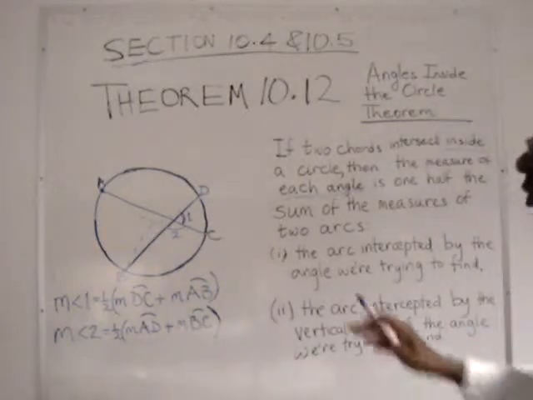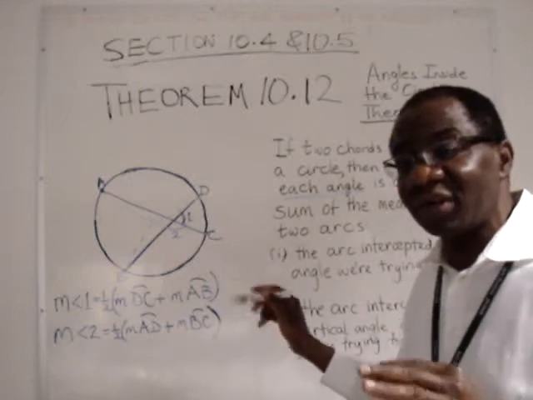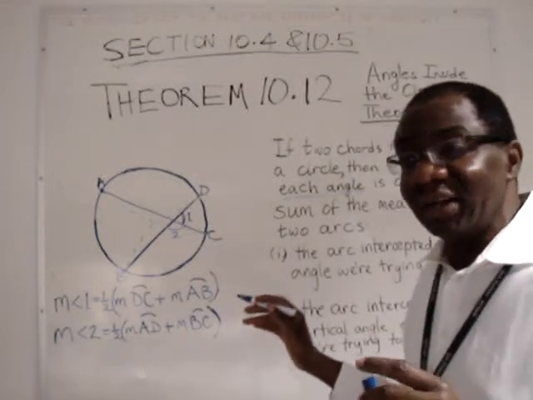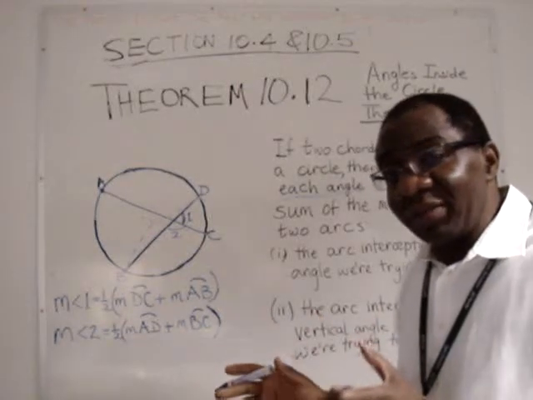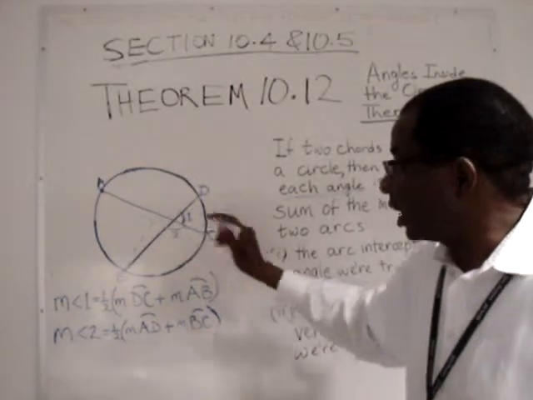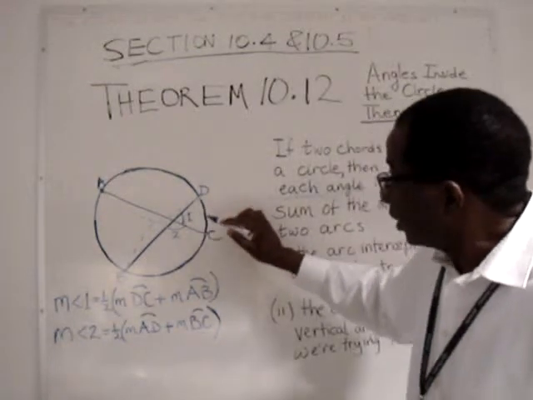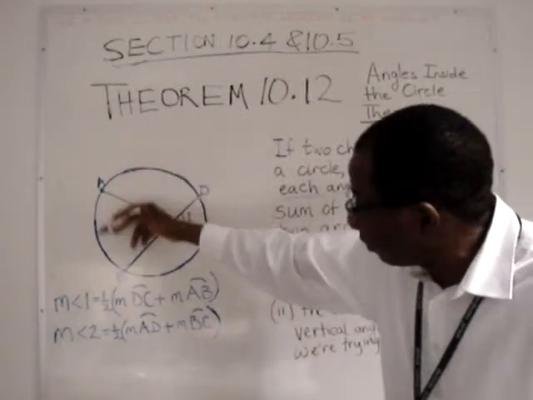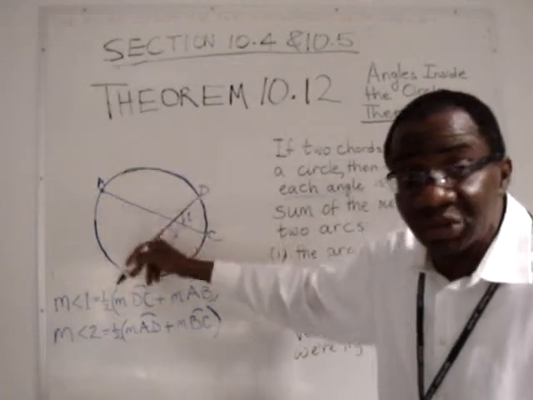So remember that. Sometimes these things are confusing. That's probably why you have a little difficulty with these sections, because you have to remember at each point what you're talking about. There are so many angles floating around. So even though we're trying to find this angle, there are 2 arcs involved, and we have to find the measure of each of those two arcs.